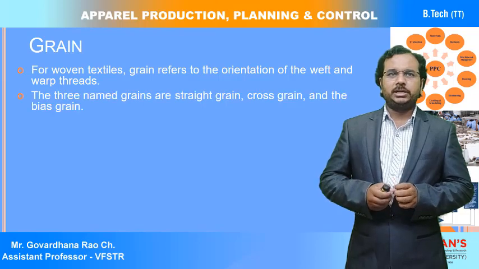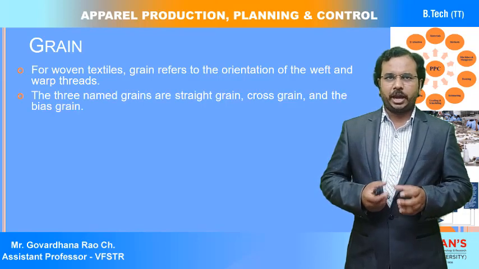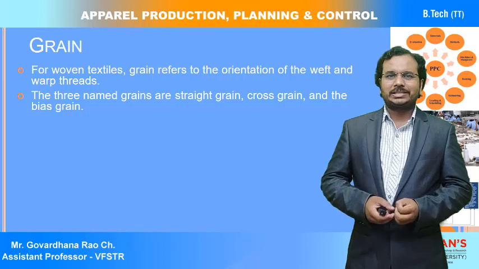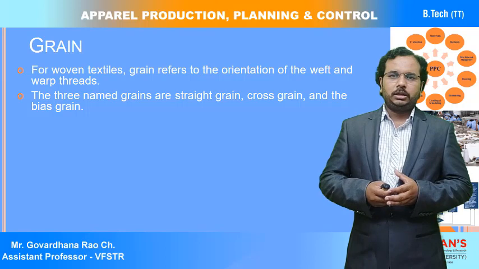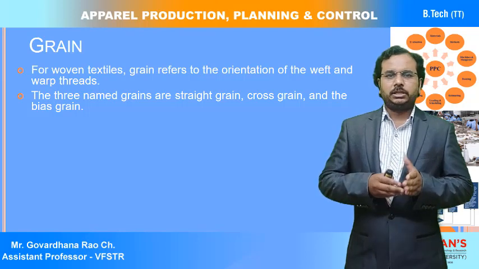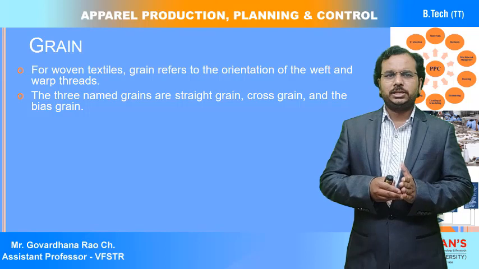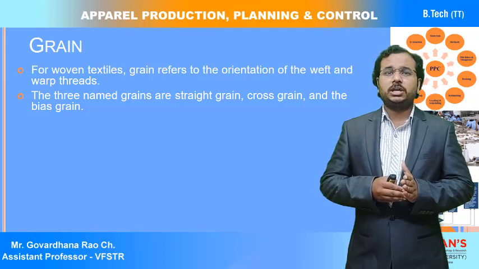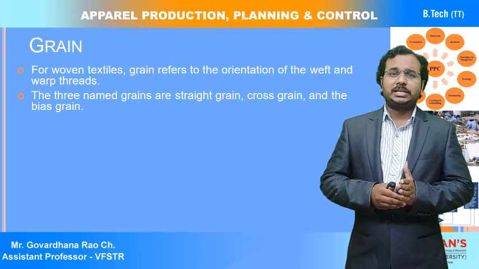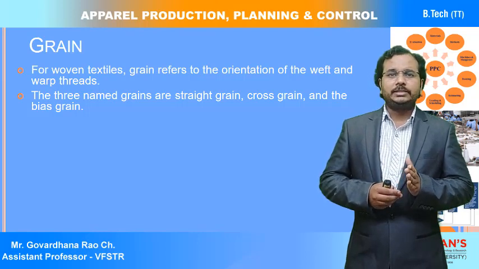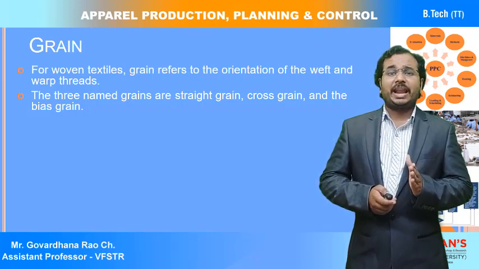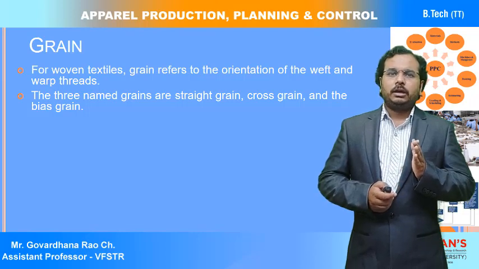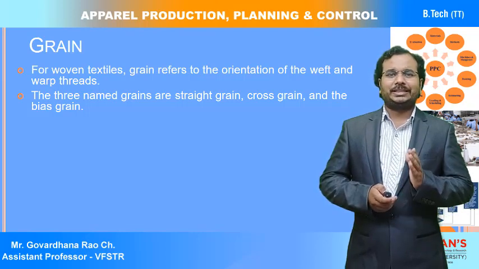There are three named grains: straight grain, cross grain and biased grain. As I told, along the axis of warp threads is called straight grain, along the axis of weft threads or across the warp threads is called cross grain, and the third is the biased grain, at an angle like 45 degrees or 30 degrees.